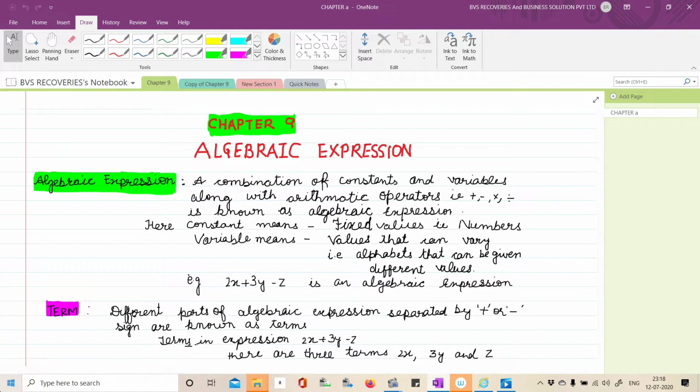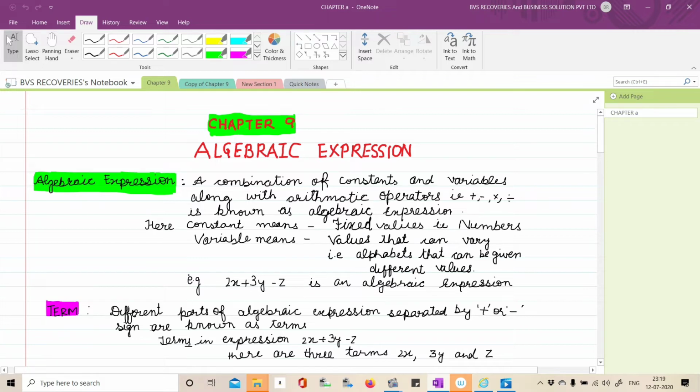Next thing is, what is a term? Now, in this algebraic expression 2x plus 3y minus z, we can see here 2x, 3y and z. These are three different terms. These different terms are separated by the plus and minus signs.